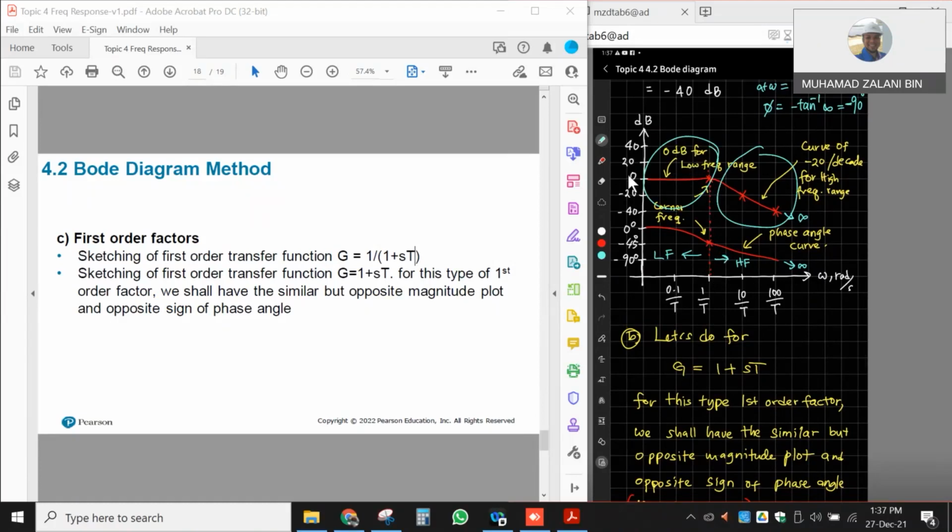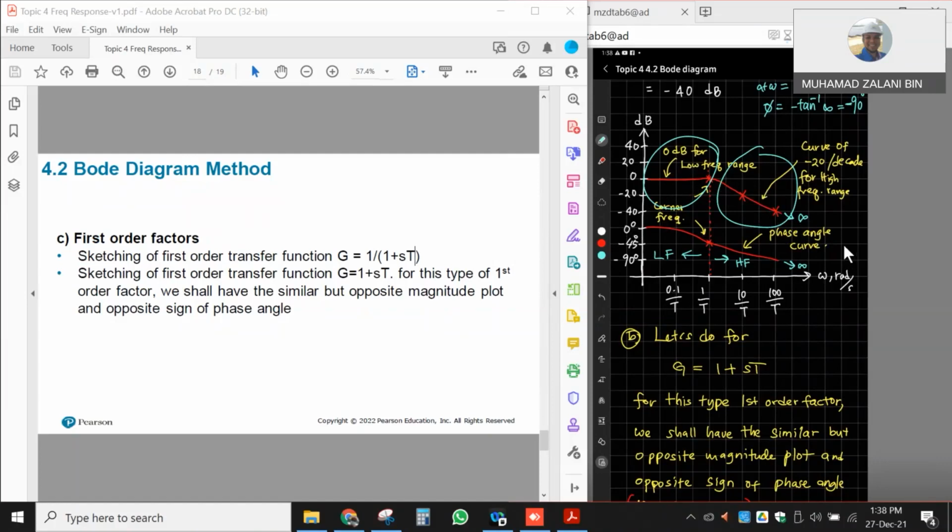So in the low frequency range, the magnitude is 0. At the high frequency range, when omega approaches infinity, the magnitude is negatively increasing. Can we say that? All right, the magnitude goes toward negative gain.